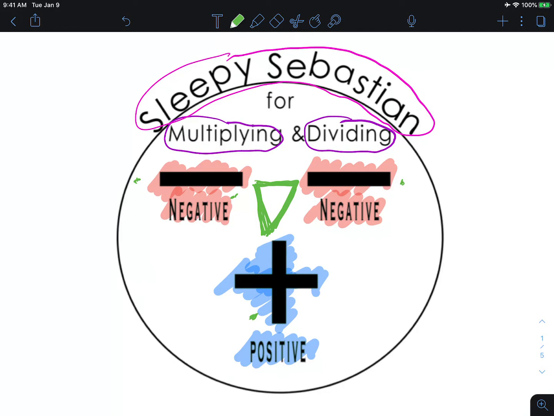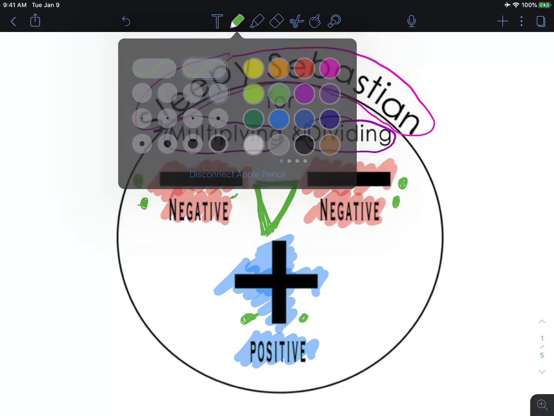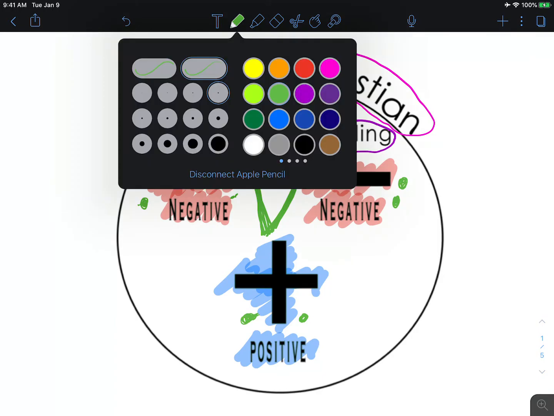We could start on this one here, positive times negative is negative. And we can even go the other way. We can say positive times negative is negative. See? So it doesn't matter in which direction we go, we're going to get the correct answer.